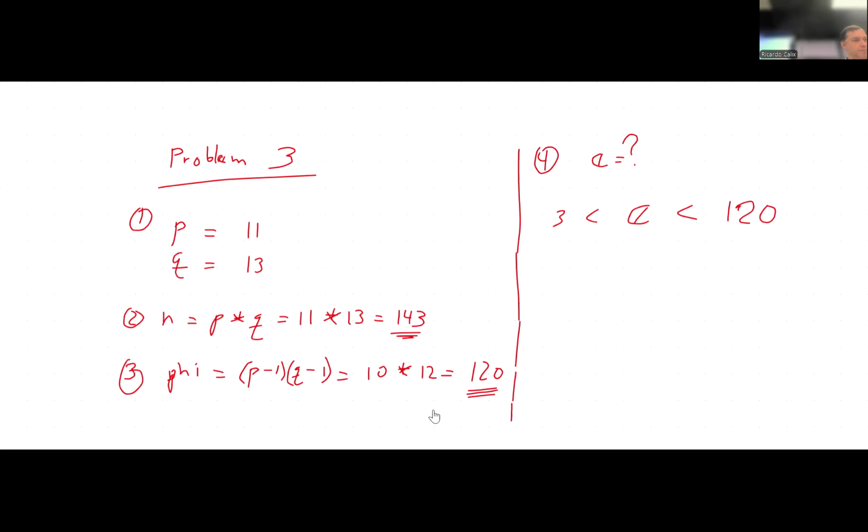So GCD, we have to meet the GCD condition, the greatest common divisor. The GCD needs to be equal to 1, I believe. Let's see.